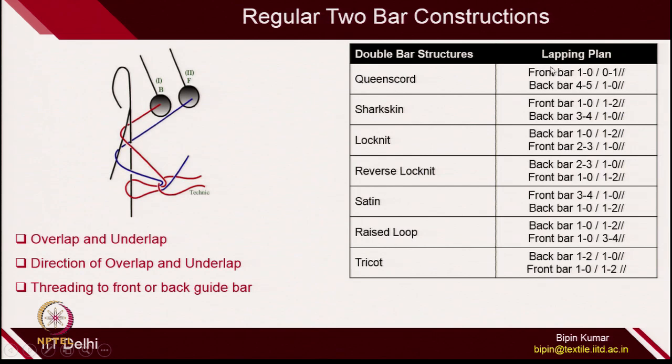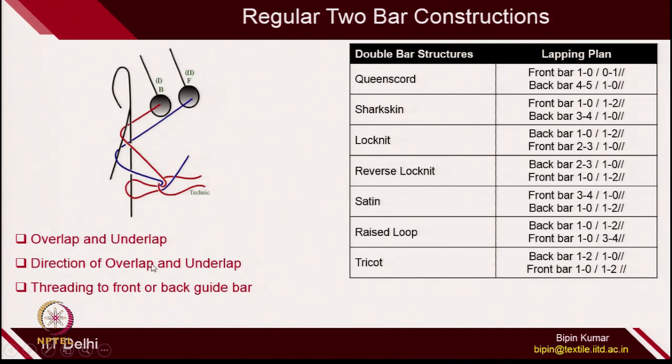Although all of these structures repeat in two courses and are made up of two guide bars, the sequence of links is different and the threading of the yarns on the back bar or front bar is interchanged. So, there are three possibilities where you can make changes and get different types of structure. First of all, you can change the overlap and underlap.